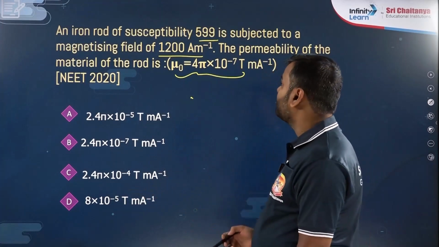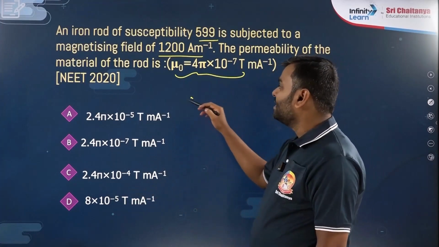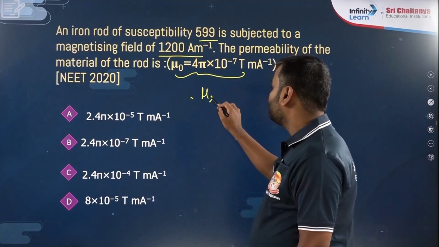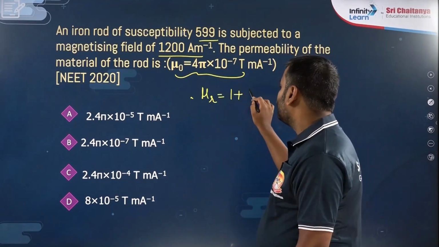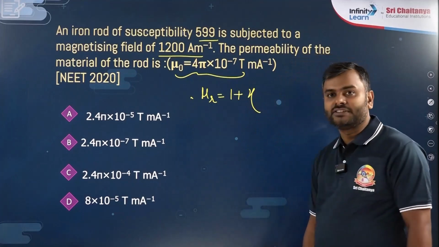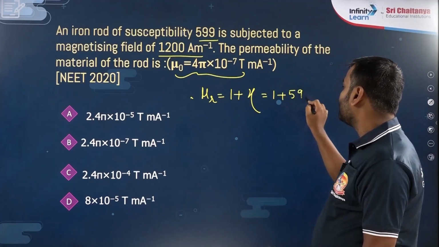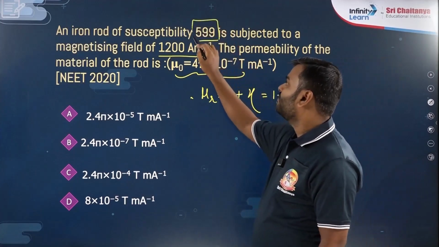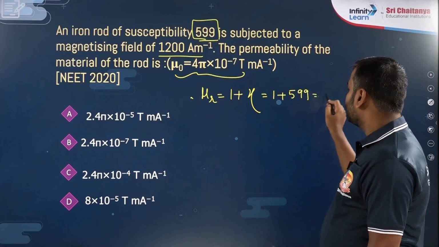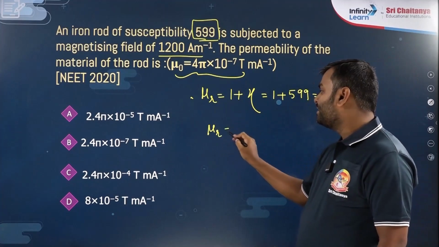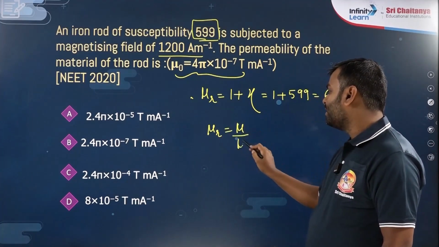First of all, we have to understand the relation between the relative permeability and the susceptibility. Relative permeability is equal to 1 plus susceptibility. We can substitute the value here: 1 plus 599, since the susceptibility is 599. So the value we are getting finally is 600. We also know that mu r is equal to mu divided by mu naught.